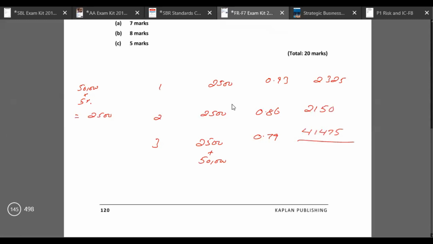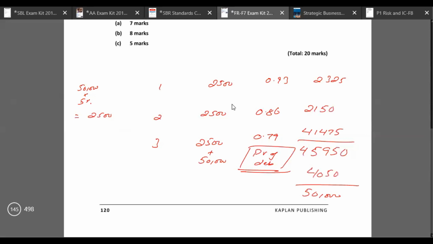So now the present value of debt will be 4,590. Now the full value of the convertible is 50,000. So minus 50,000, 4,050 is the equity. So this balancing figure is the equity.